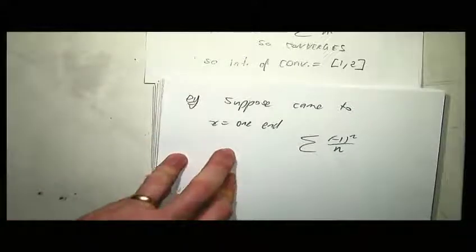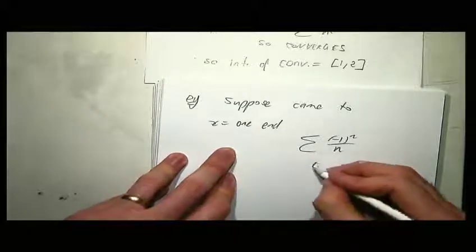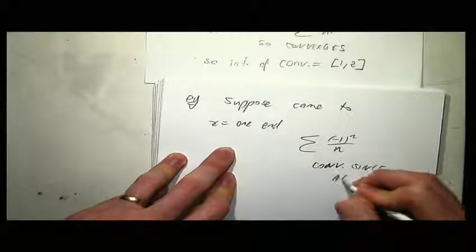If you had x equals one end, whichever end that is, and it came out to minus 1 to the n over n, you would know that this converges since it's the alternating harmonic.